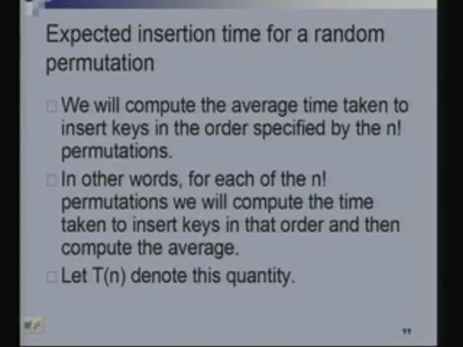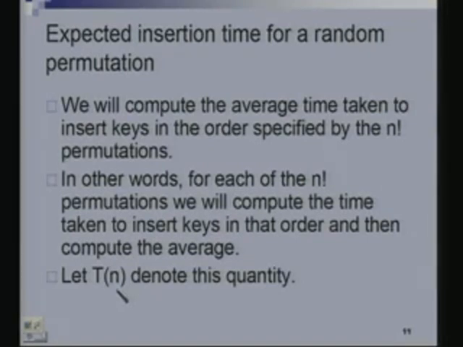There are n factorial different permutations, so I'll compute the time it takes to insert elements in the order specified by these n factorial permutations. You'll get this huge total time, and we'll then divide it by n factorial to compute the average, and that will be the expected time it takes. So to summarize, for each of the n factorial permutations, we'll compute the time taken to insert the keys in the order specified by that permutation, and then compute the average over the n factorial permutations. We'll denote this quantity by T of n.